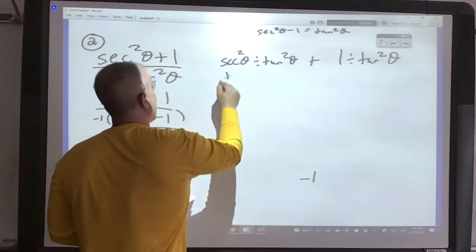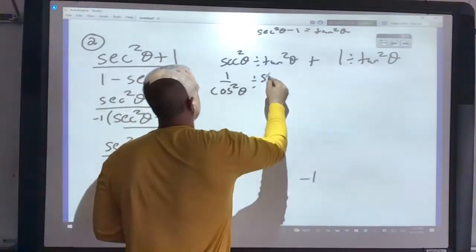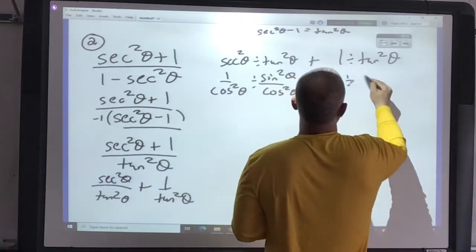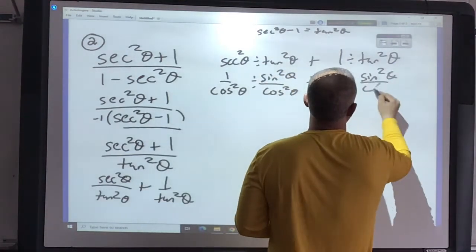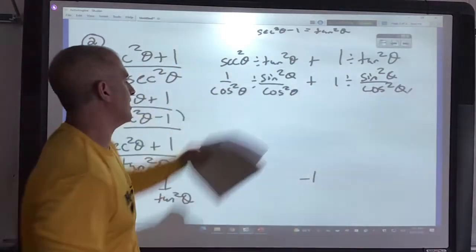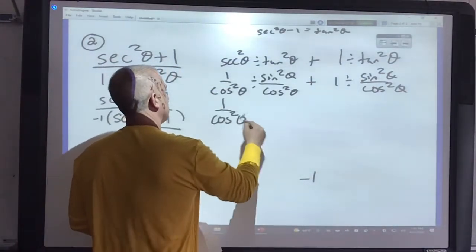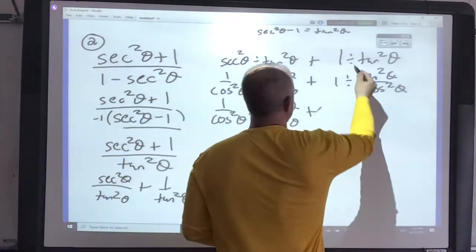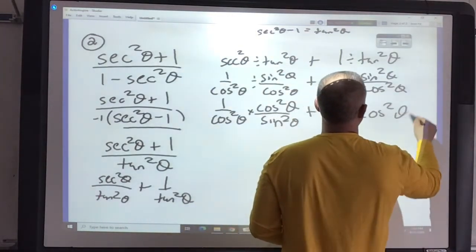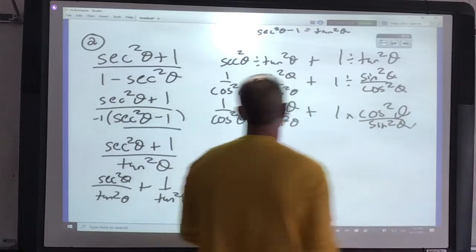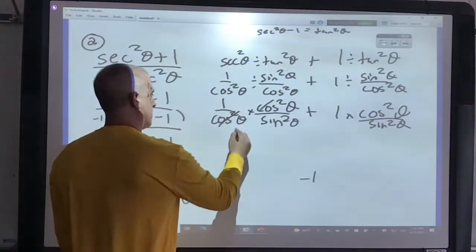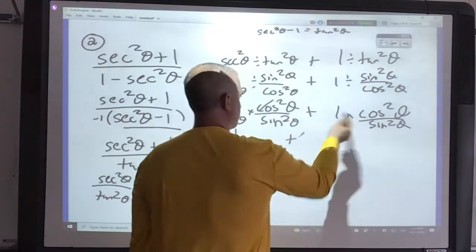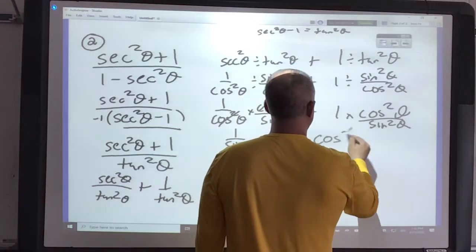So that's 1 over cosine divided by sine squared over cosine squared plus 1 divided by sine over cosine. I want to flip the second fraction. So what happens here? This goes away, so I'm left with 1 over sine squared. This would also be basically cosine squared over sine squared.